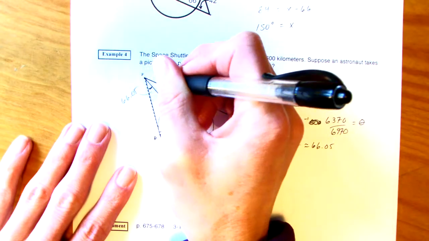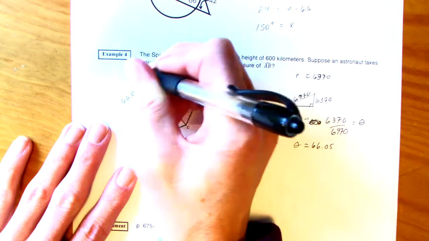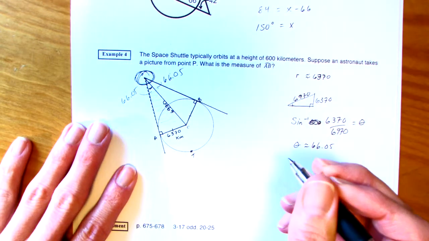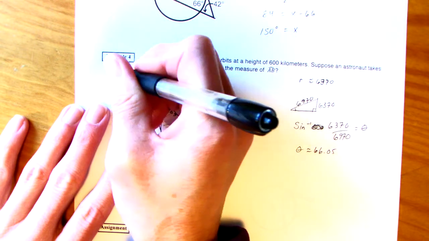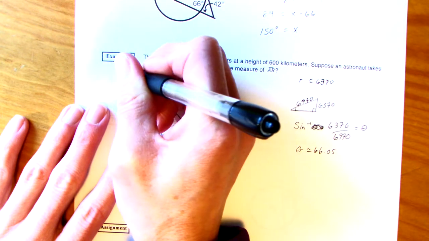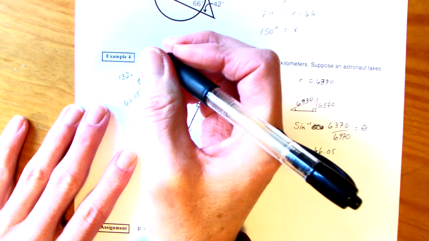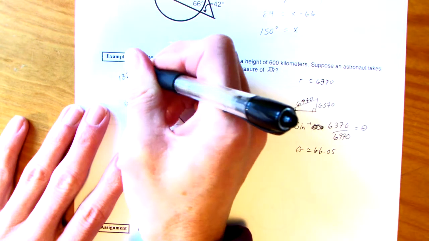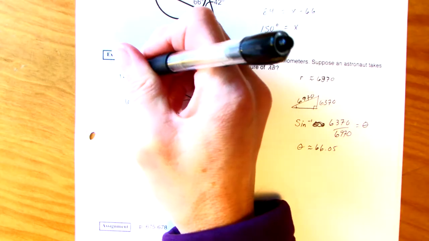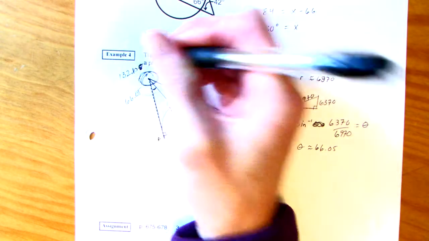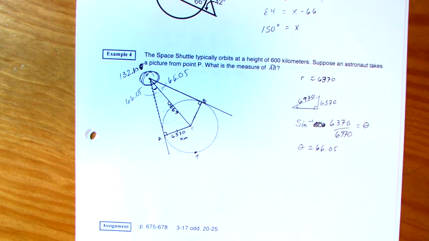That means this angle is 66.05. What's the whole angle? That whole angle is going to be 132.05. Oh, wait. No, 132.10. Okay. So far, so good.